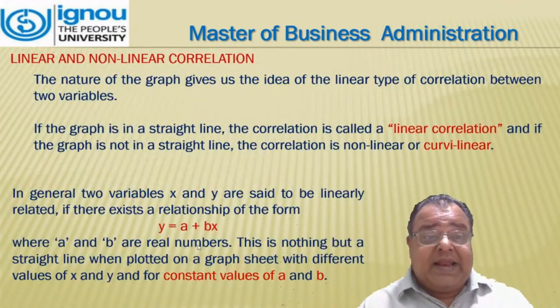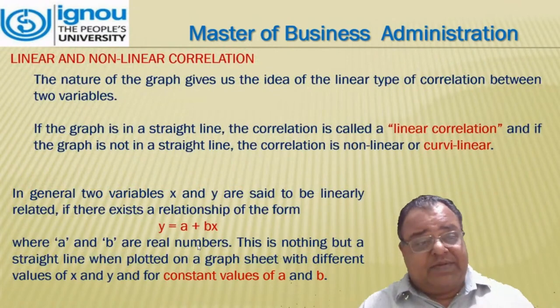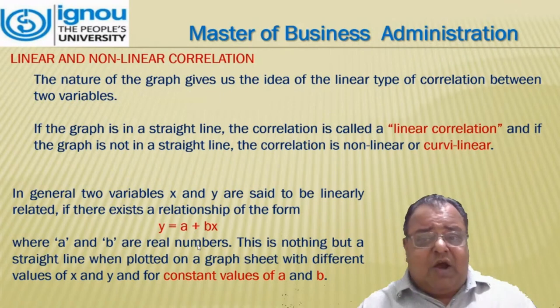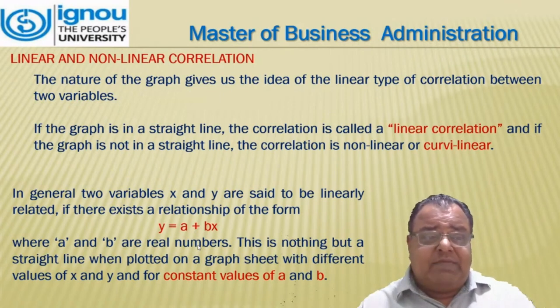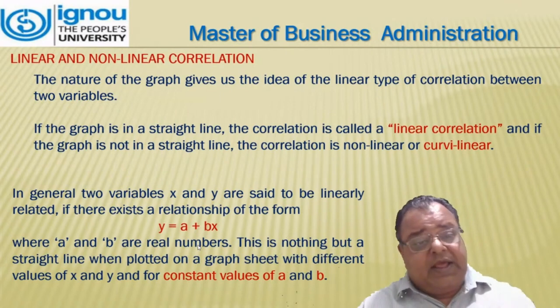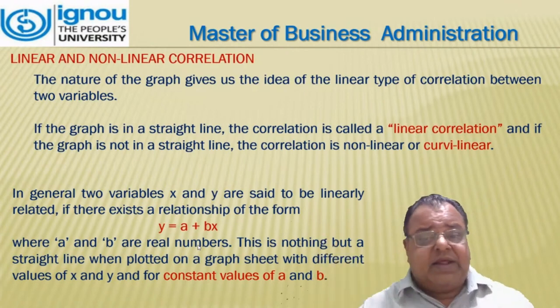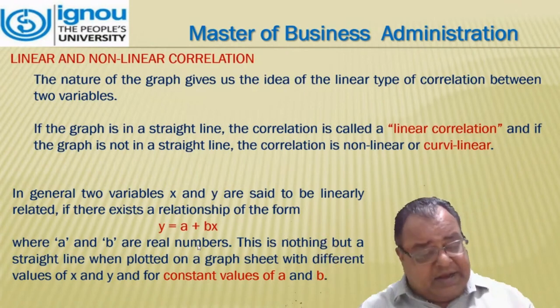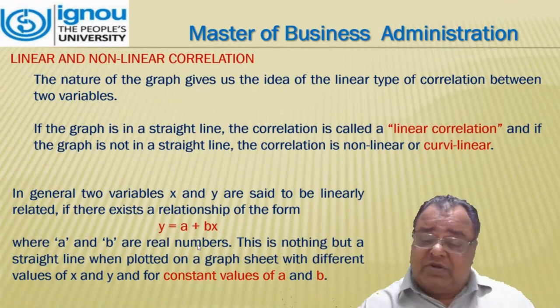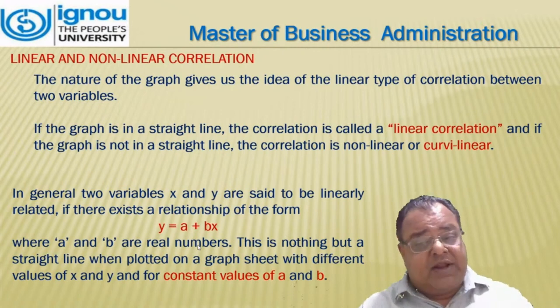Then comes linear and non-linear correlation. The nature of the graph gives us an idea of the type of correlation between two variables. If the graph is a straight line, the correlation is called a linear correlation. And if the graph is not a straight line, the correlation is non-linear or curvilinear.